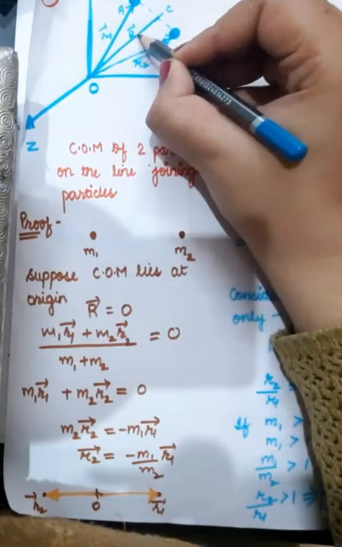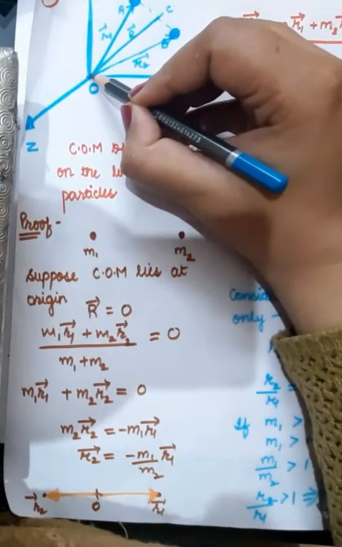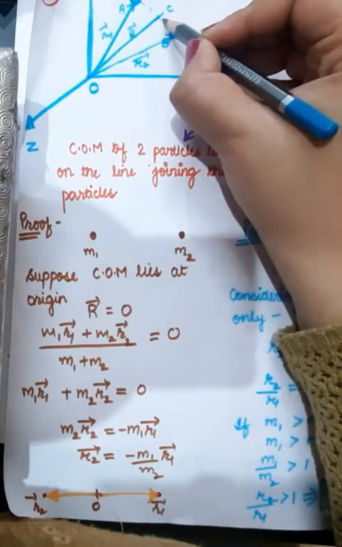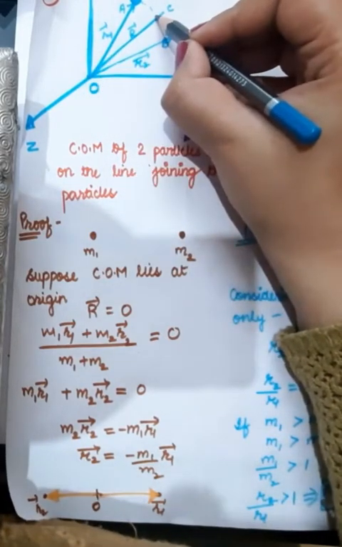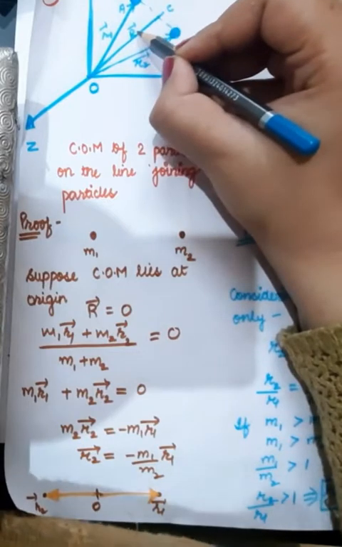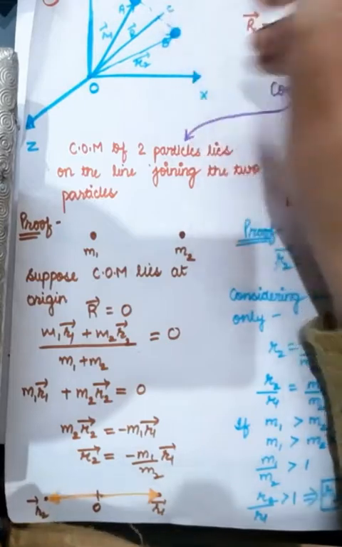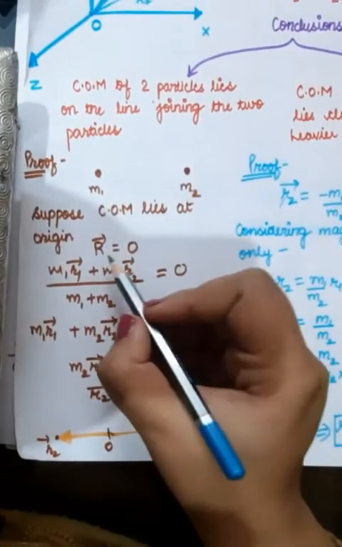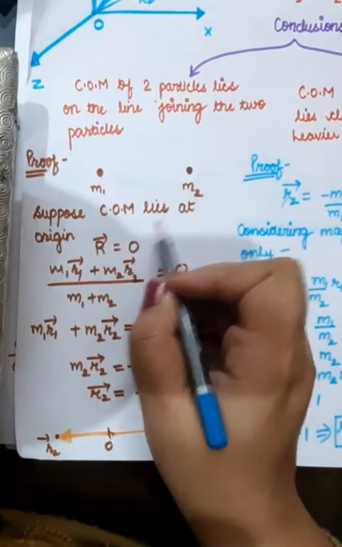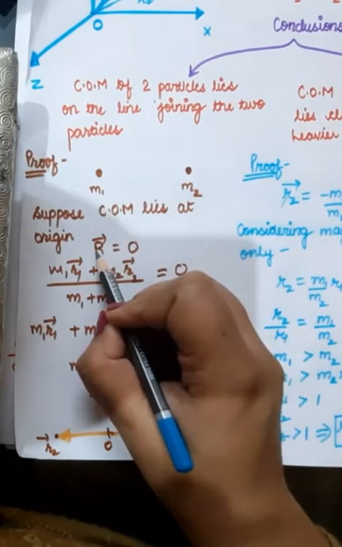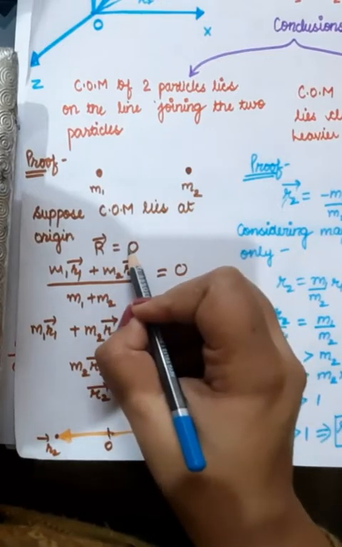Reason being, R vector was the distance between your decided origin and center of mass. Now, if you decide the origin to lie at center of mass, this means capital R vector, which was the position vector of center of mass, will be 0, right? So that's what I am going to write here. If center of mass lies at origin, then R vector, which is the distance of center of mass and the origin, will reduce to 0.